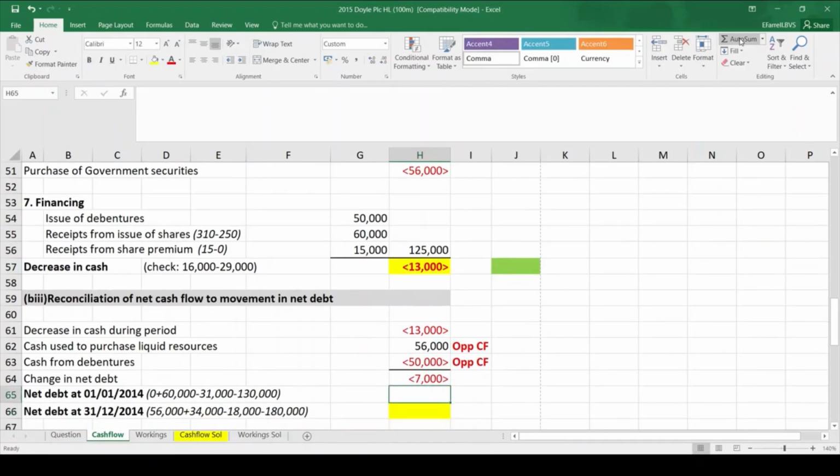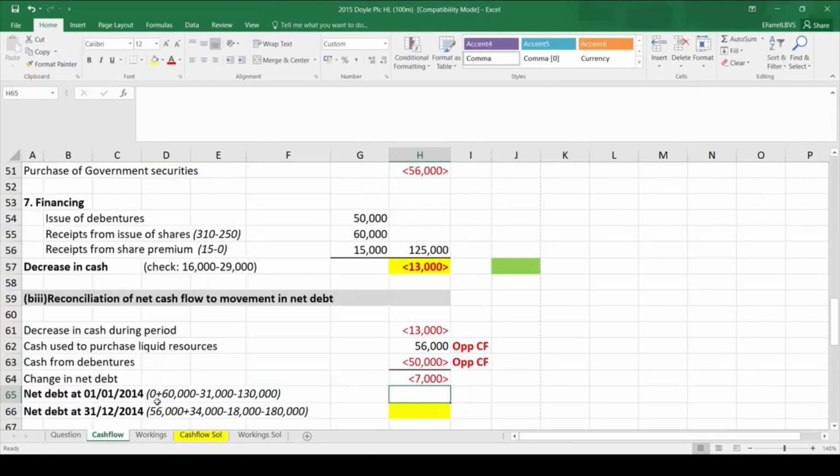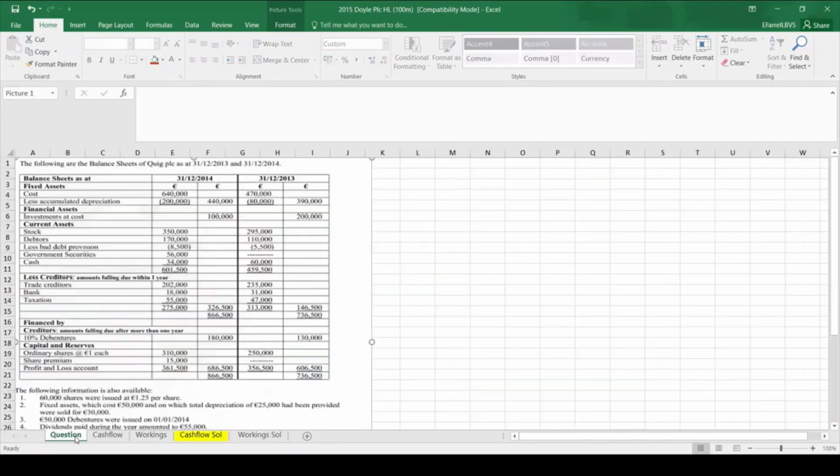Then I get my net debt at the start. Again, for your net debt, you're just taking your positive and negative bank figures, including your government securities. So if we have a look at that then, there's no government securities at the start, so that would be 0. Then I'm going to add my cash, which is 60. And then I have a bank overdraft of 31, which is a minus 31, and a loan of 130, which is minus 130.